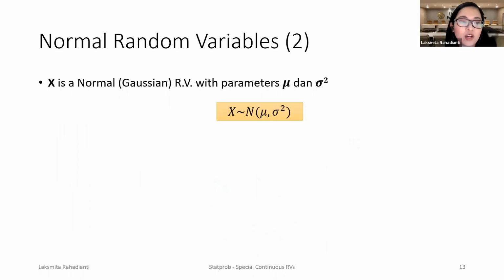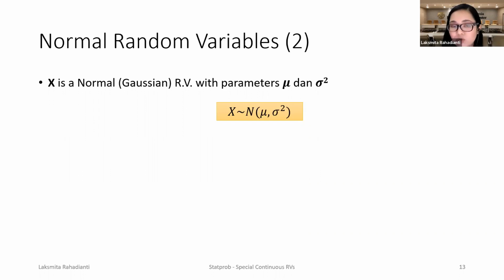Since we already know a normal random variable can be defined based on its mean, mu, and its variance, which is sigma squared. So if I were to write down X follows the normal distribution, I would need to put in the parentheses the parameters that define it, which is the mean and the variance.